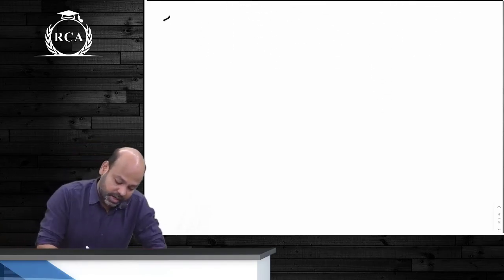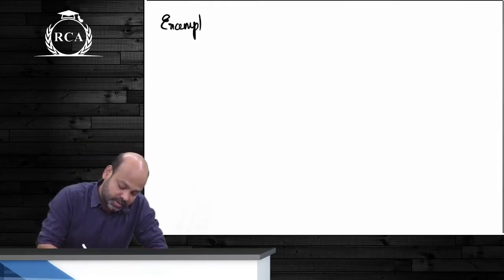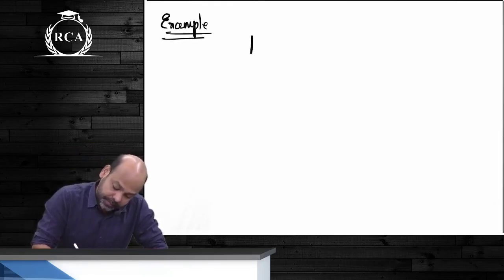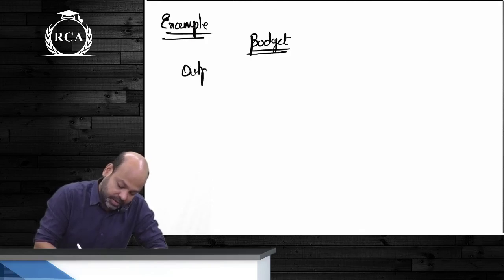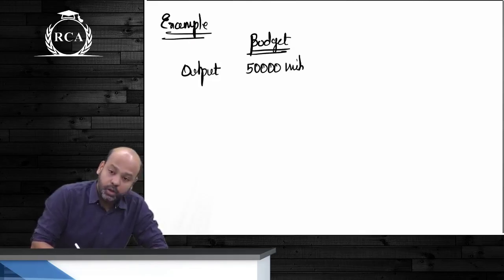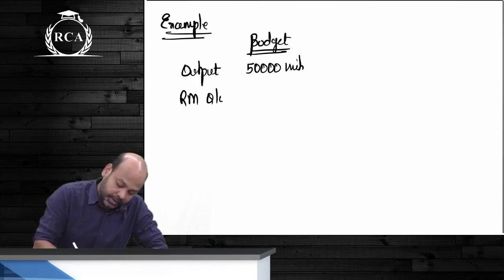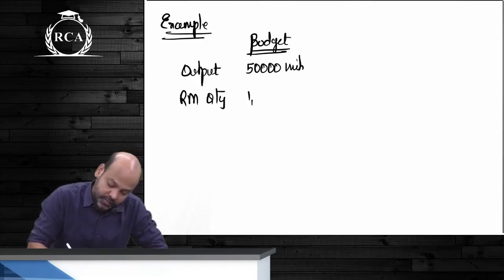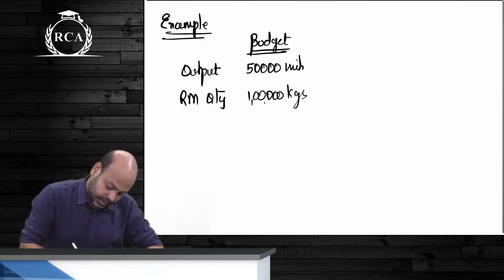Now, start writing the example. As per the budget, output is 50,000 units. Raw material quantity is 1 lakh kgs. The example is different from the one given earlier.